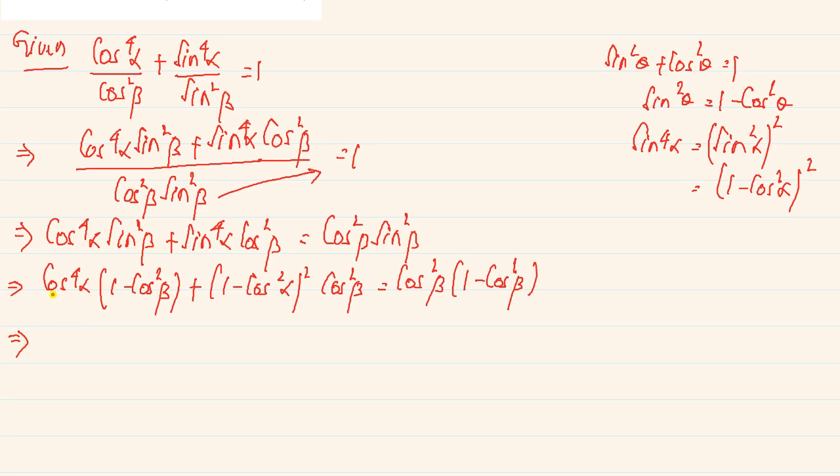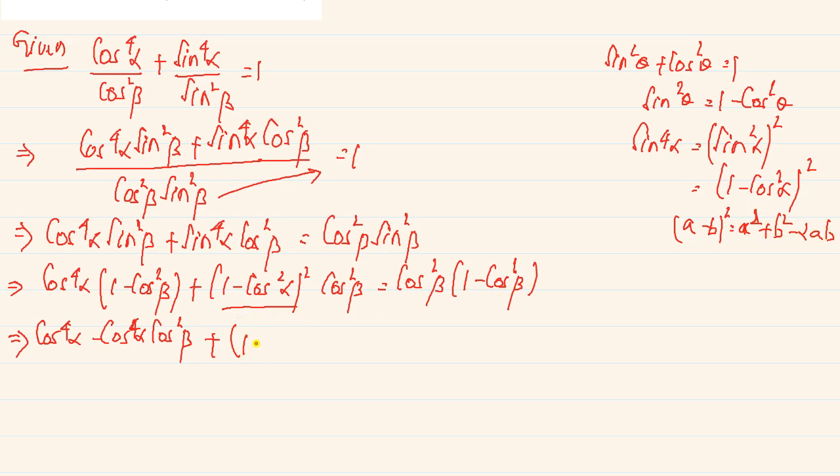Sin square beta can be replaced by 1 minus cos square beta. Correct? Okay, இப்போ multiply பண்ணலாம். Cos to the power of 4 alpha into 1 is cos to the power of 4 alpha, minus cos to the power of 4 alpha into cos square beta is cos to the power of 4 alpha cos square beta, plus cos square beta into இதை வந்து இப்போ first expand பண்ணிக்கலாம். So இது எந்த format-ல இருக்குது, a minus b the whole square format-ல இருக்குது. நமக்கு தெரியும் a minus b the whole square is equal to a square plus b square minus 2ab. அப்போ இதை நம்ம expand பண்ணா it will become a square which is 1 square, 1. b square is cos square alpha the whole square, that is cos to the power of 4 alpha, minus 2ab, that is minus 2 into 1 into cos square alpha, that is 2 cos square alpha.